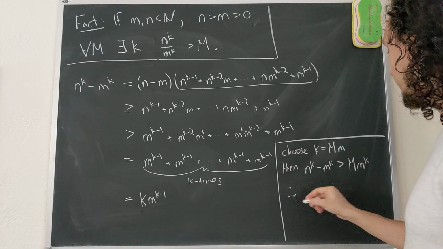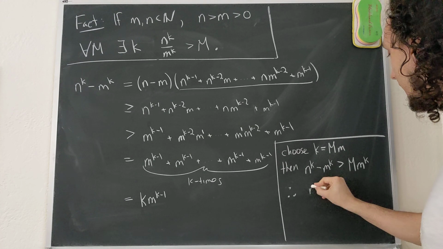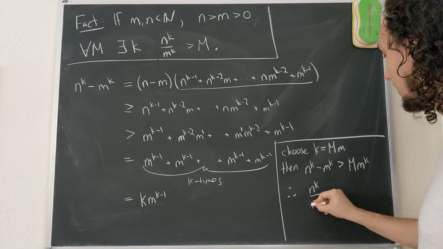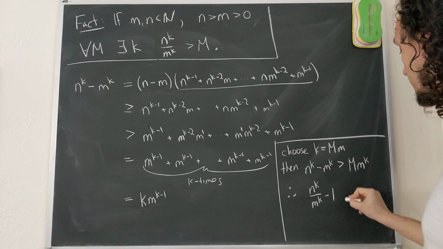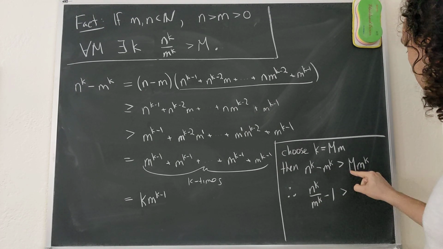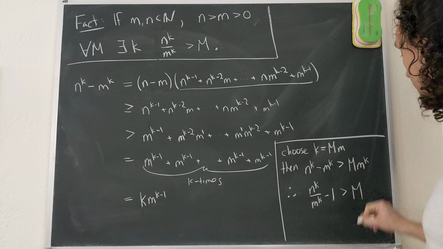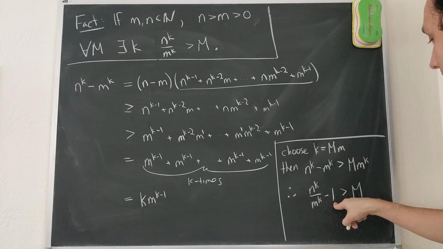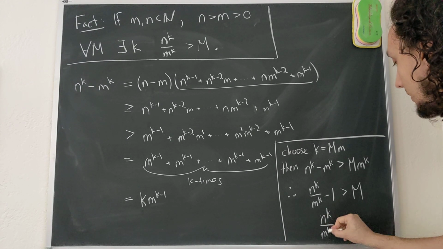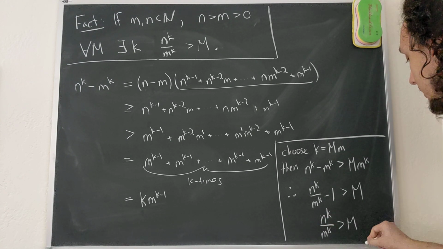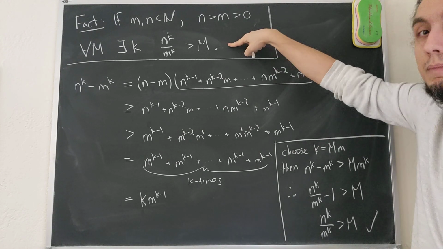Now, therefore, if I divide both sides by m to the k, I get n to the k over m to the k minus m to the k over m to the k, which is 1, is greater than this divided by m to the k, which is M. So this minus 1 is greater than M, so clearly n to the k over m to the k is greater than M. And that's what I wanted to show.